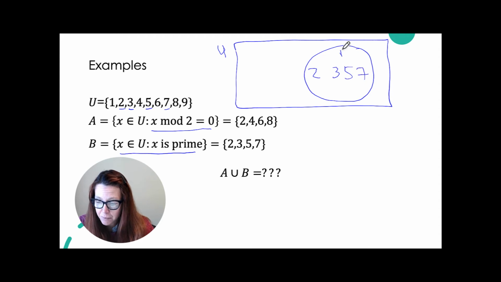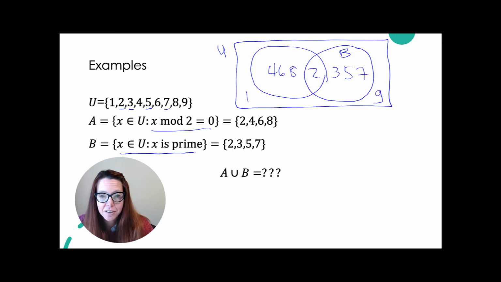This is my set B. And I know that I've got a set A, and I know it contains 2, but it also has 4, 6, and 8 in it. And then outside of that, I see 1 and 9 are hanging around with nowhere to exist. They're in neither A nor B. And that's okay. There they are outside in the universe.